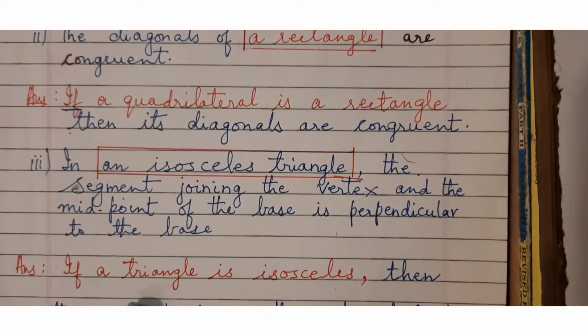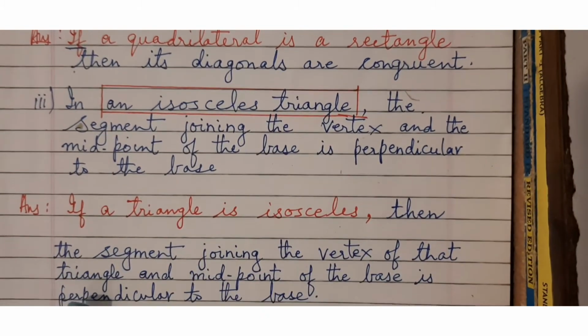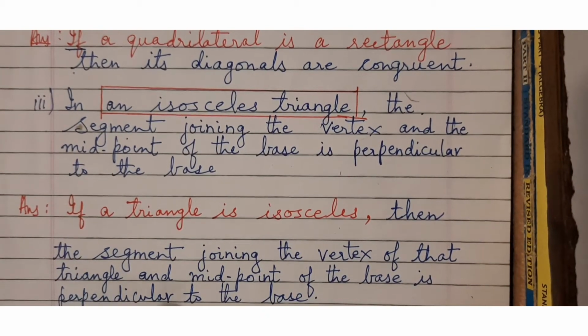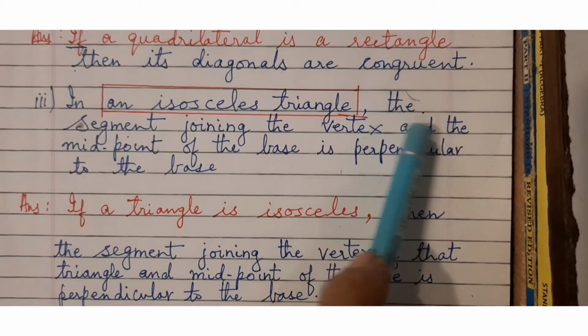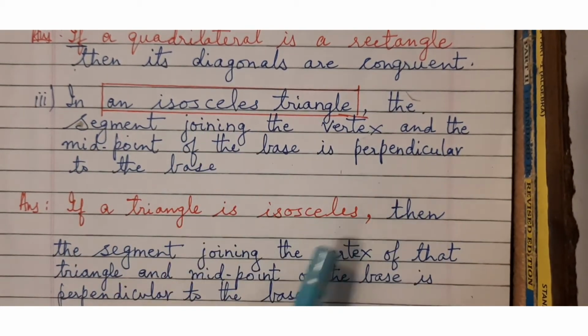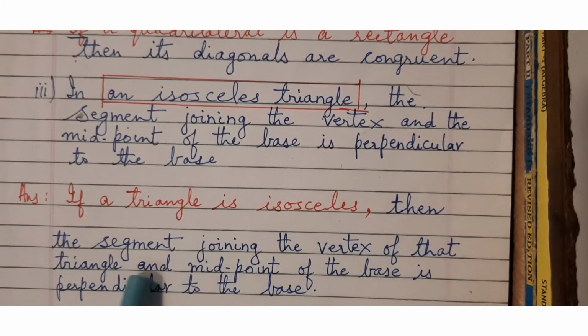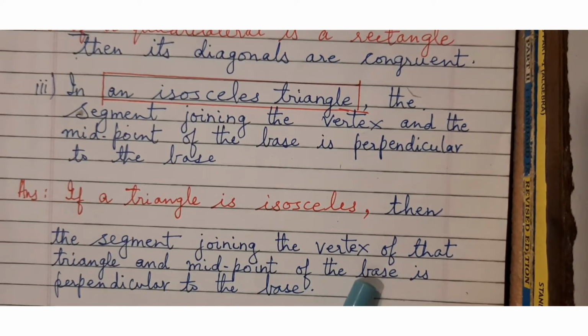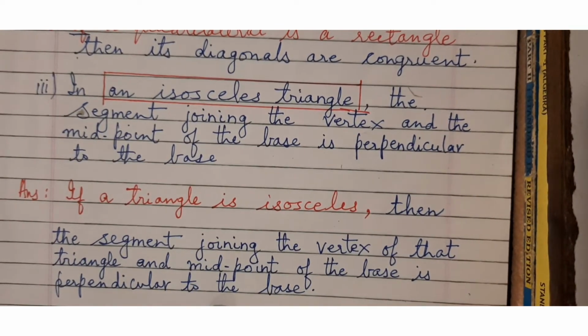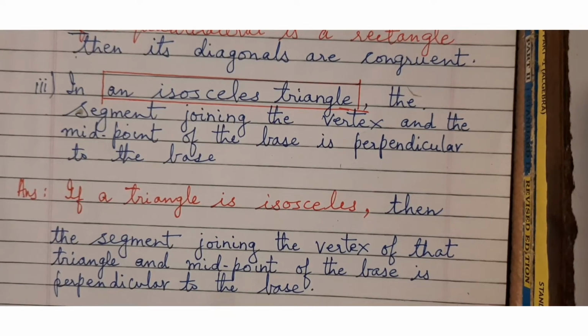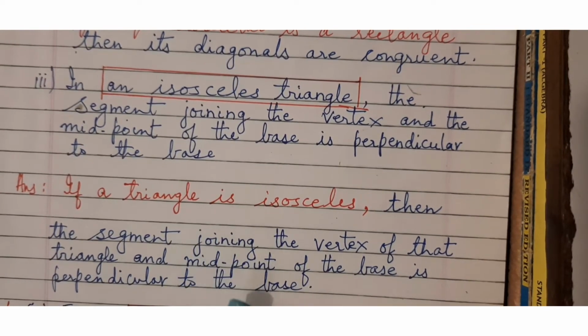See the answer. If a triangle is isosceles triangle, then after then we are writing the same original statement copying from here. Then the segment joining the vertex of the triangle and the midpoint of the base is perpendicular to the base. Is it very clear? This is exercise 1.3 first question.